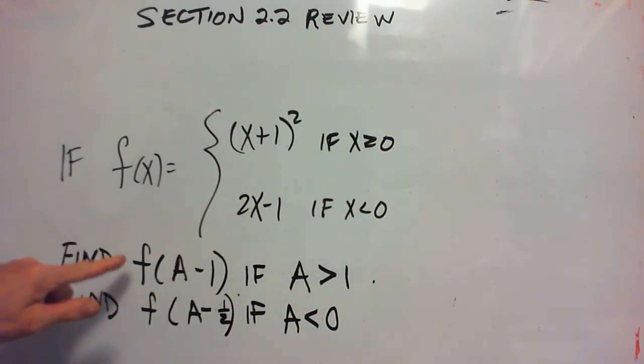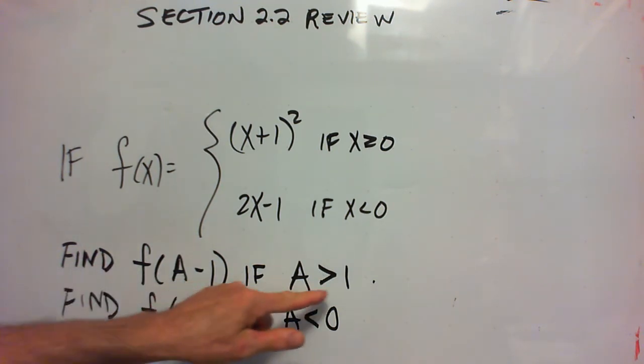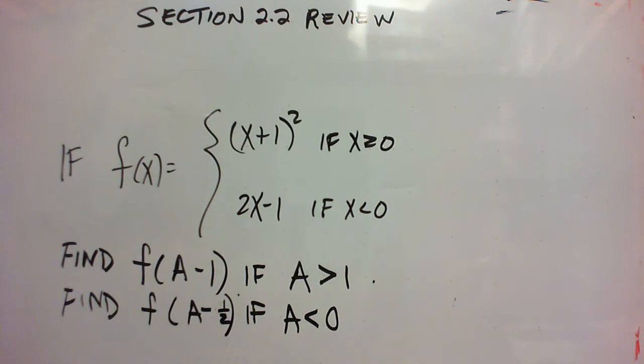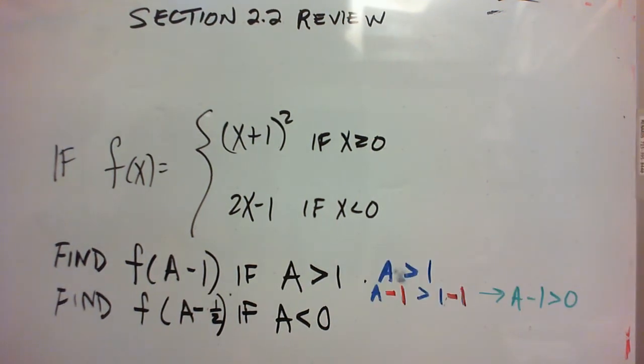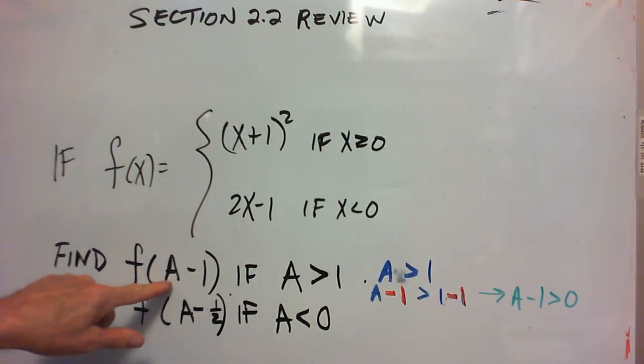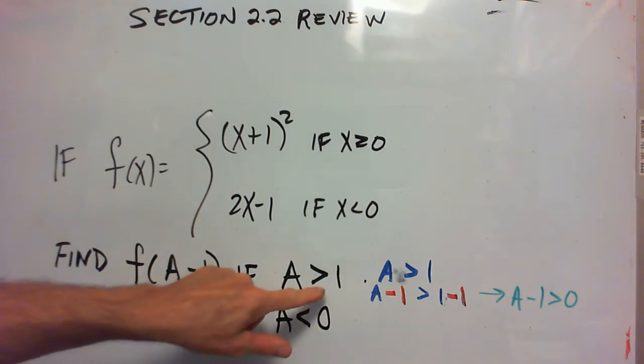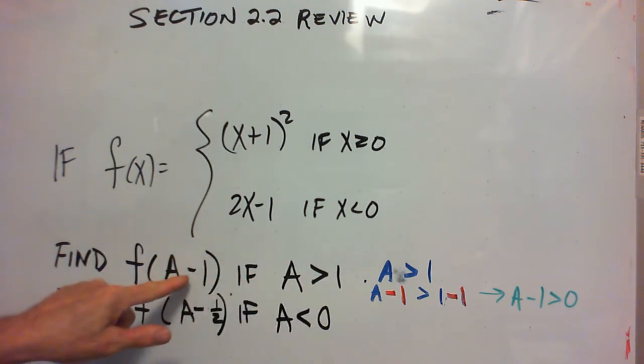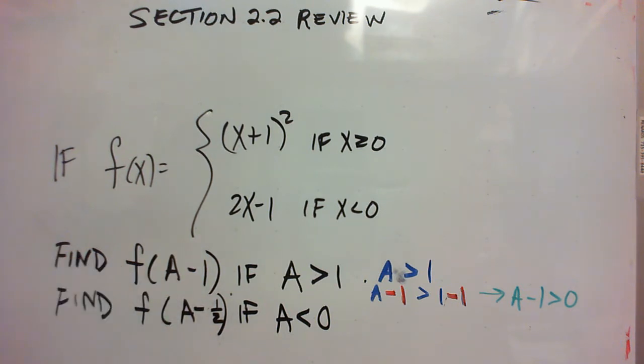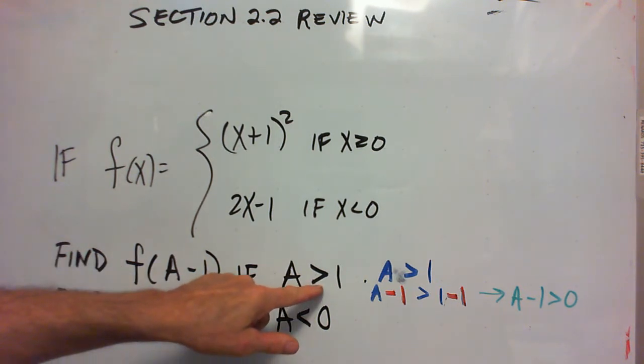So here we're going to find f of a minus 1, where a is greater than 1. So for f of a minus 1, where a is greater than 1, our input here is a minus 1. We know that a is greater than 1.